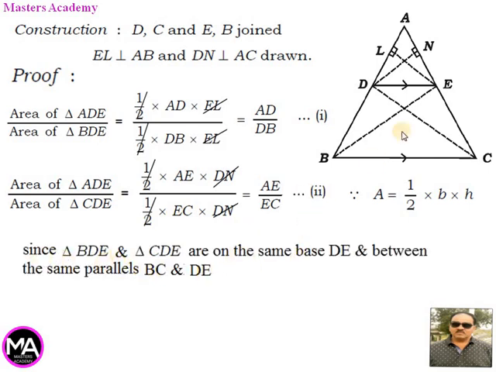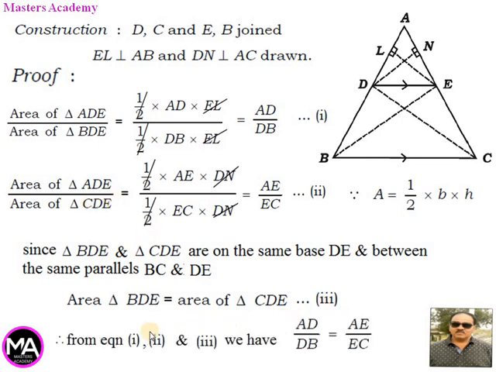Since triangle BDE and triangle CDE are on the same base DE and between the parallels BC and DE, therefore area of triangle BDE is equal to area of triangle CDE. Call this equation 3.